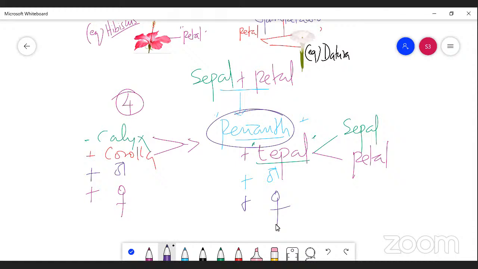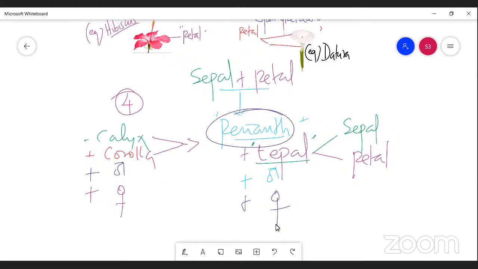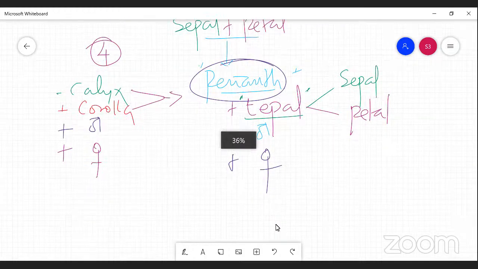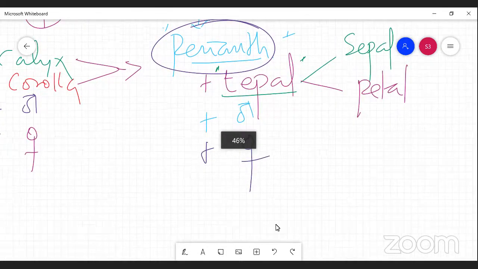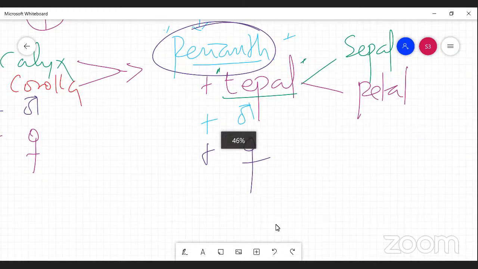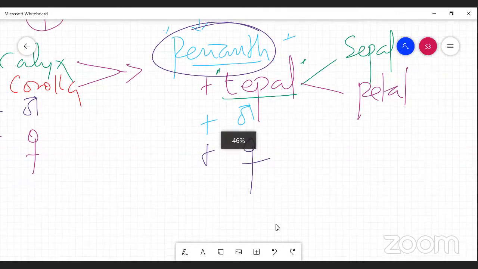So, along with the perianth, you find the male reproductive part and the female reproductive part, I mean the androecium and the gynoecium, in a flower. So the perianth is broadly divided into two types. My dear student, just imagine, perianth, as I said, is a modification of calyx and corolla, or the undifferentiated part of sepal and petal.